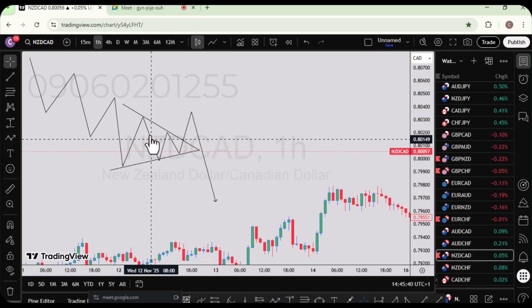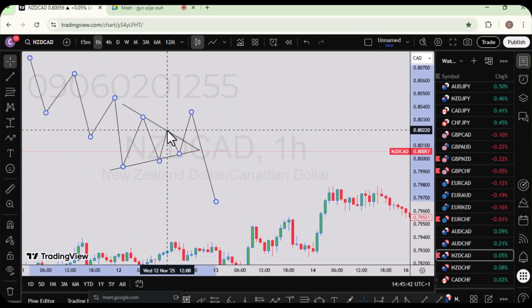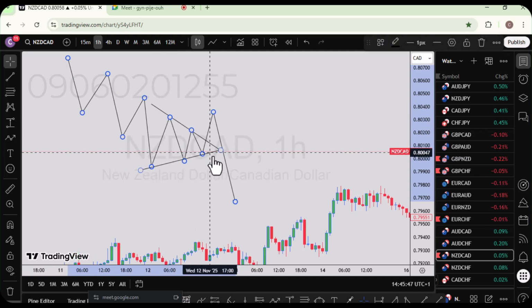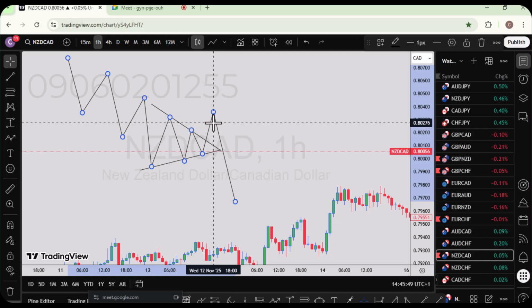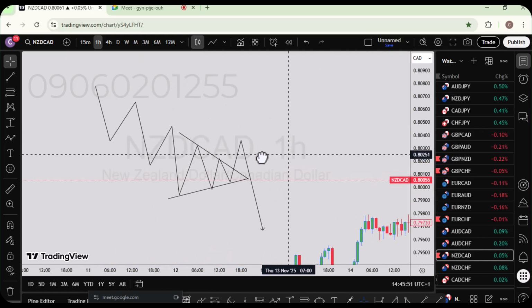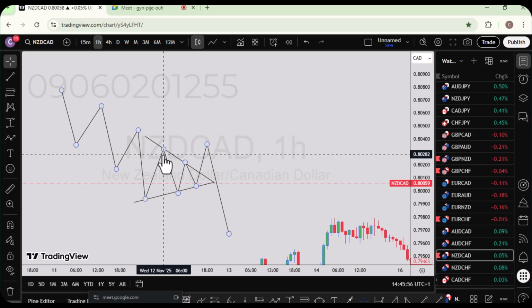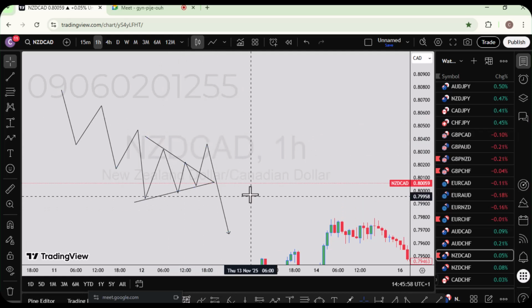What happens right here is a concept we discuss under the advanced, which is called buy side liquidity. Sell side liquidity is all under liquidity. So the market will use this as bait, then reverse as it is going all the way down.